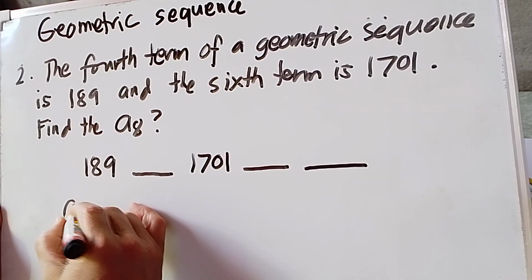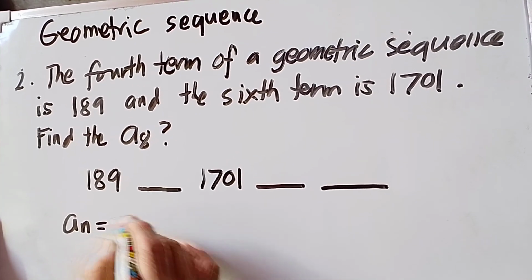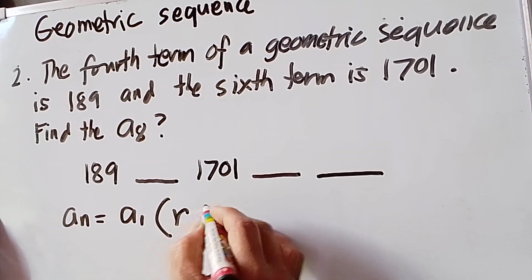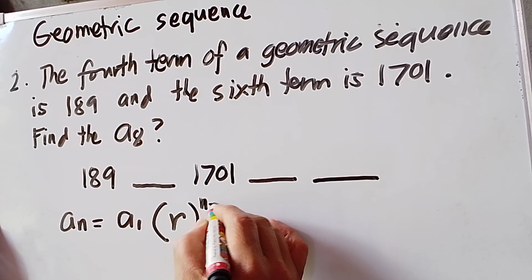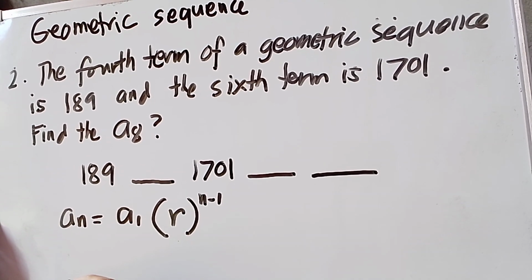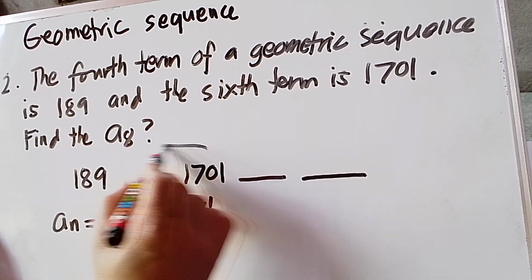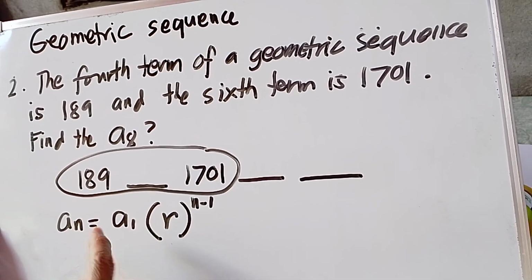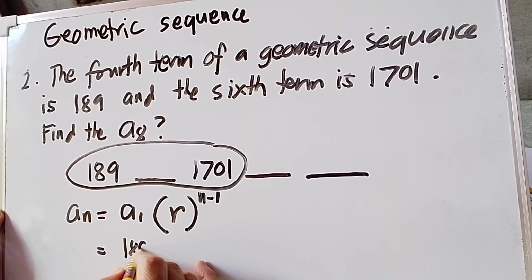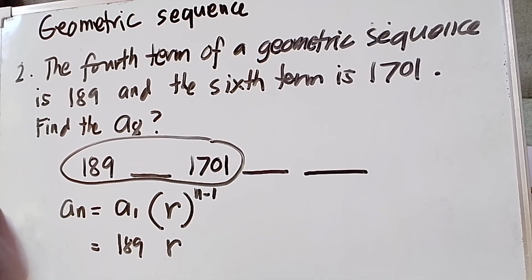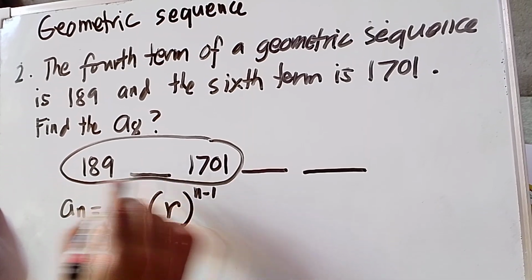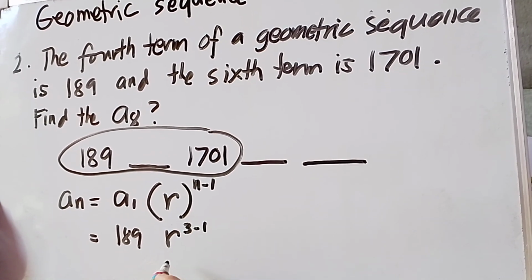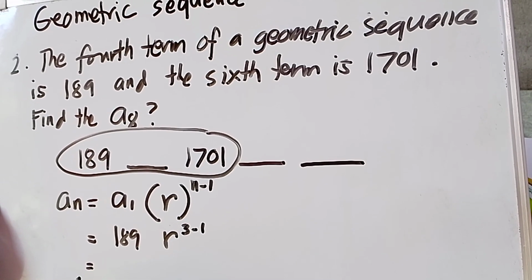I can use this one, AN is equal to A1 R to the n minus 1. I will still use this one for the meantime. So my A1 will be 189, and then my R is unknown. I use this one first. So I have 3 terms, so 3 minus 1.